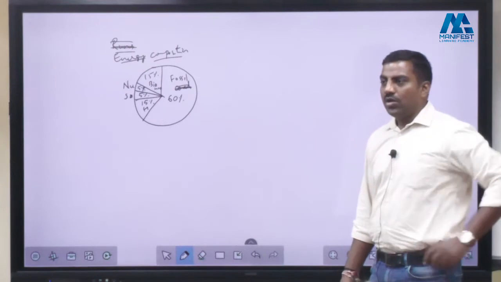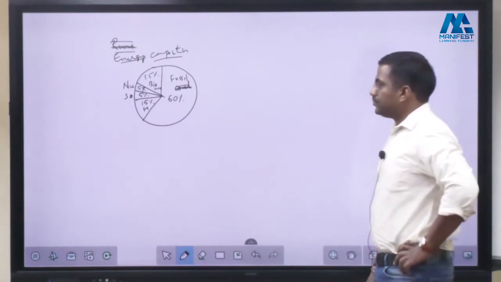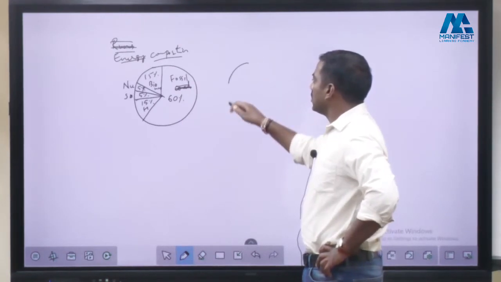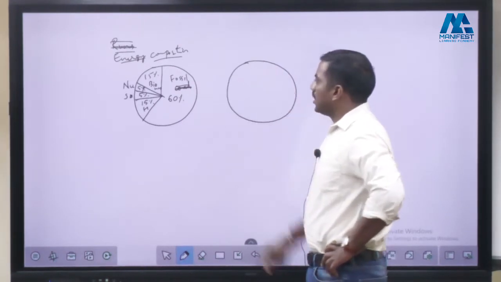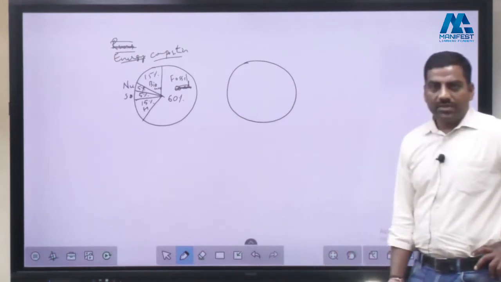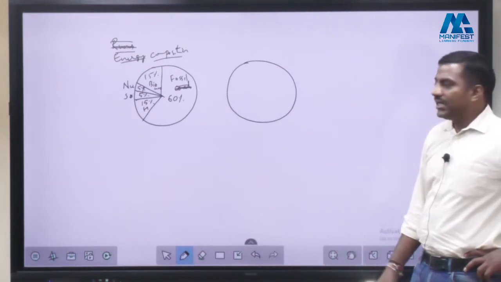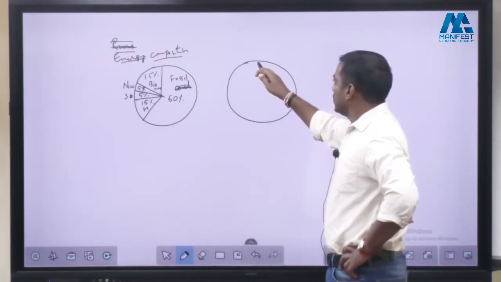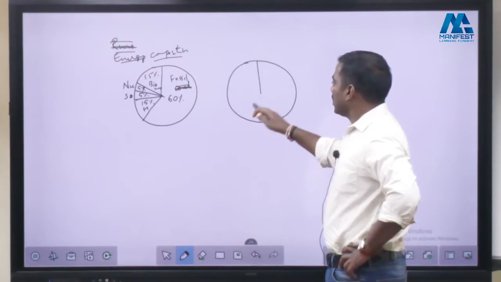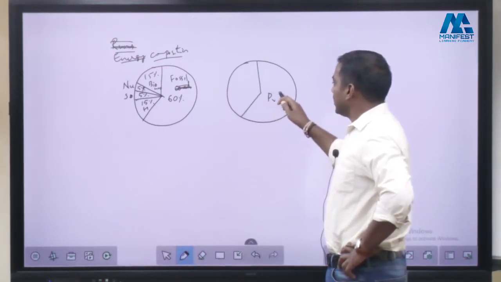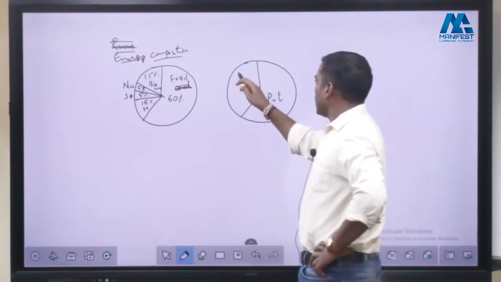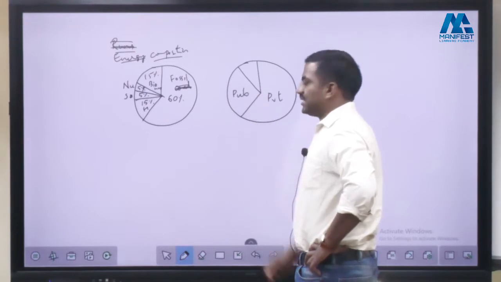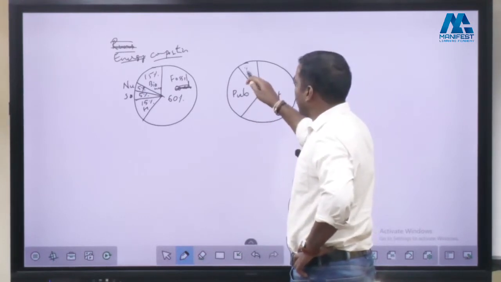Then here, in this production of energy, let us take sectors. This is the private sector, this is the public sector, and this is imported.